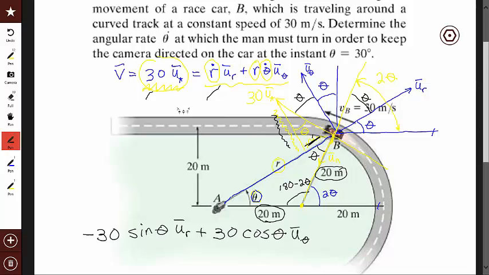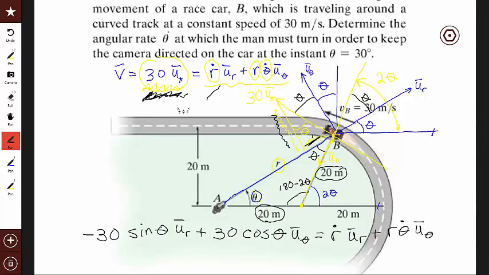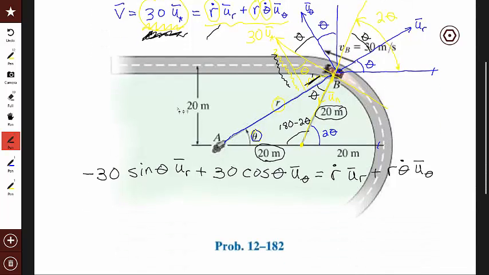So what I did is I broke down this 30 UT into components, UR and U theta. So that is supposed to be equal to R dot in the UR direction plus R theta dot in the U theta direction. Now what I need to find is R. And so I'm going to use the law of sines because I remember that one.